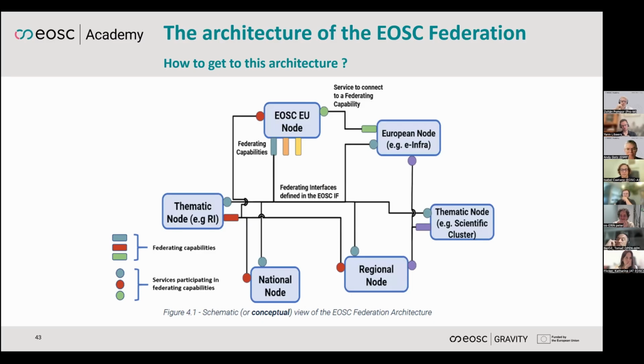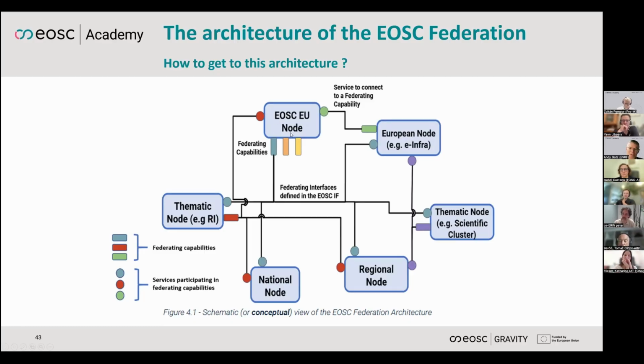So the goal is to get to this, in October: what should be happening on a daily basis. There will be all these nodes, thematic nodes, national nodes, and infra nodes, or what we call European nodes.